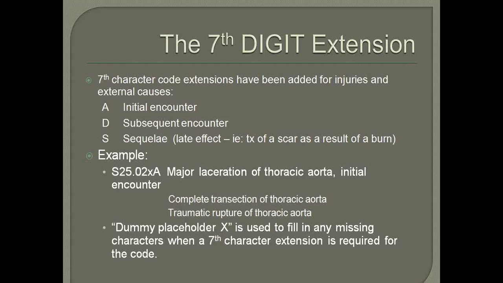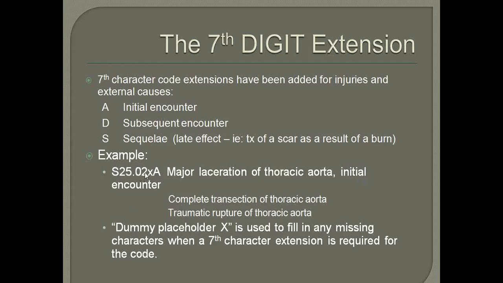The placeholder, here is your placeholder, is used to fill in any missing characters when a seventh character extension is required for the code. So, for example, if I take the X and the A out, the highest level of specificity for the code of the major laceration of the thoracic aorta, this is the S25.02, okay? And then they want the initial visit.